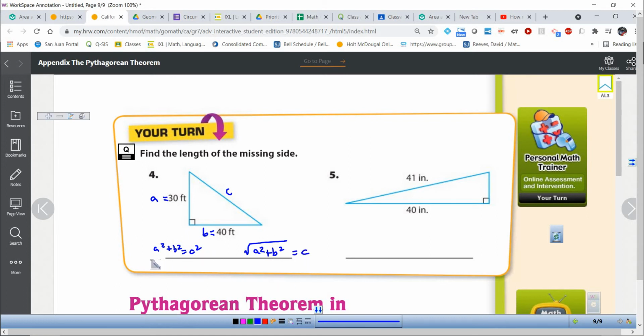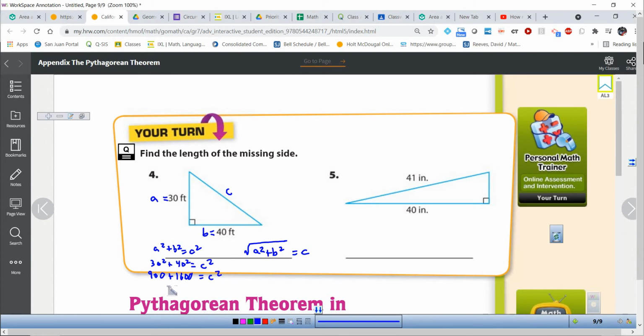So this way is going to give me 30 squared plus 40 squared is equal to c squared. Well, 30 squared, I don't need a calculator because I know what 3 times 3 is. 900 plus 1600 is equal to c squared.